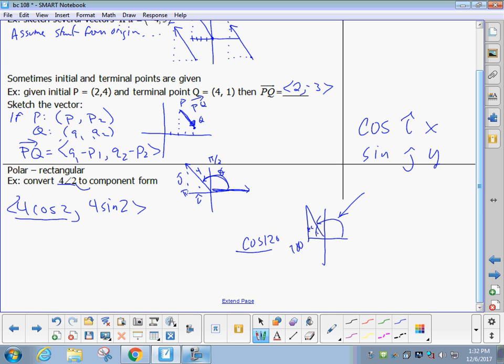Okay, good. I see what you're saying, but let's first of all, cosine is even, so cosine is going to be the same for 120 versus 60, and we already know the sign in there, yeah?